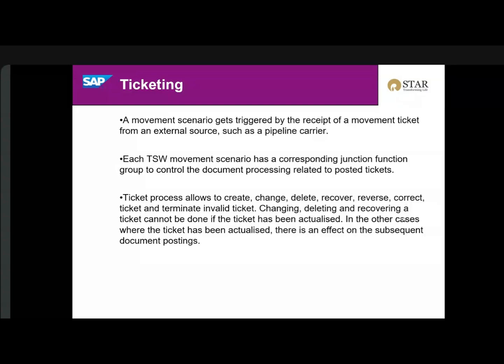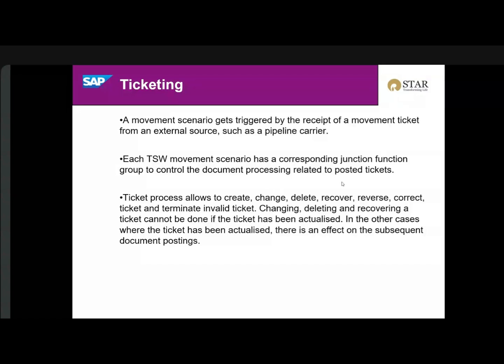Changing, deleting, recovering a ticket cannot be done if the ticket has been actualized. Say you already entered the ticket and clicked on actualize. Actualized means it has already created the sales order, delivery, goods issue, everything. Then if you want to change the quantity or the material in the ticket, it is not possible.